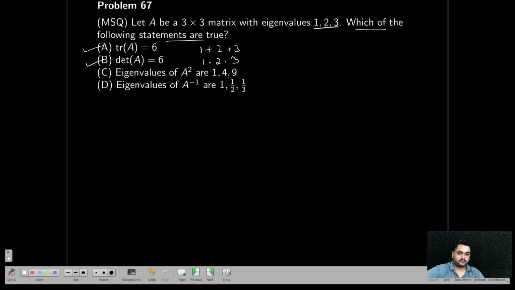So this is 6, that is also true. Now, eigenvalues of A square are lambda power k, that is lambda square here. So 1 square plus 2 square plus 3 square, this is also true. Then eigenvalues of A inverse: since eigenvalue 0 is not there, you can get the inverse as 1 by lambda. So all the 4 statements are true.